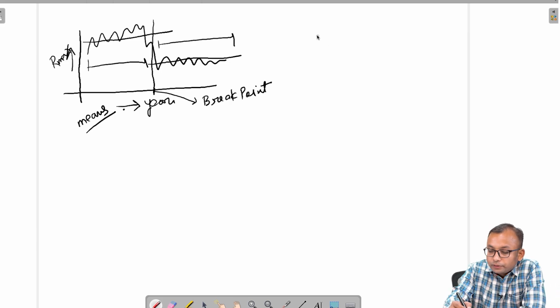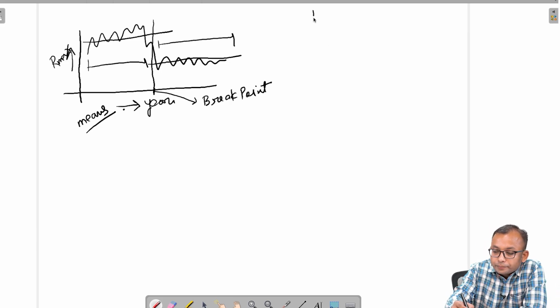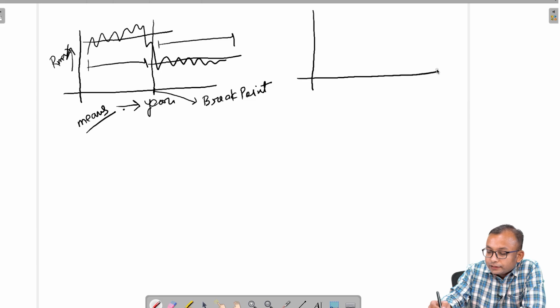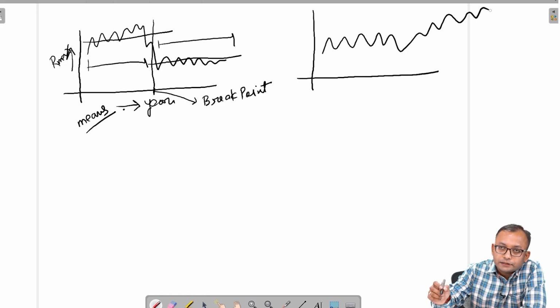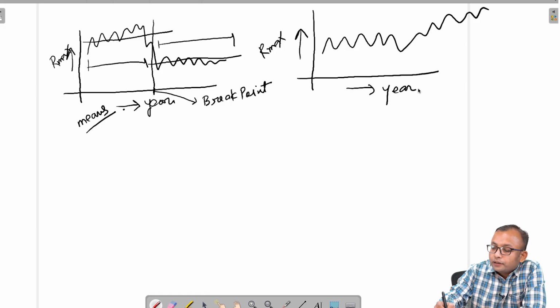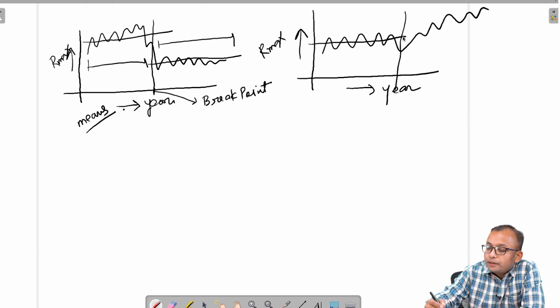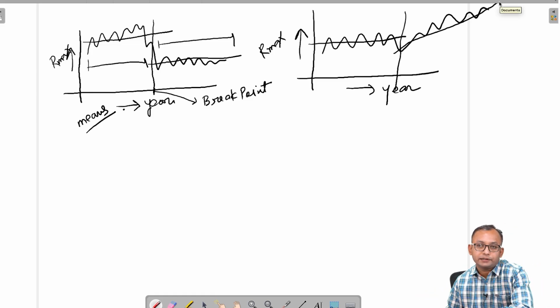It is also possible that you may have a data set like this. Initially it was very uniform, but suddenly it is increasing. This is also a kind of break point, where your data set was uniform or randomly fluctuating, but suddenly there is a trend in the data set.